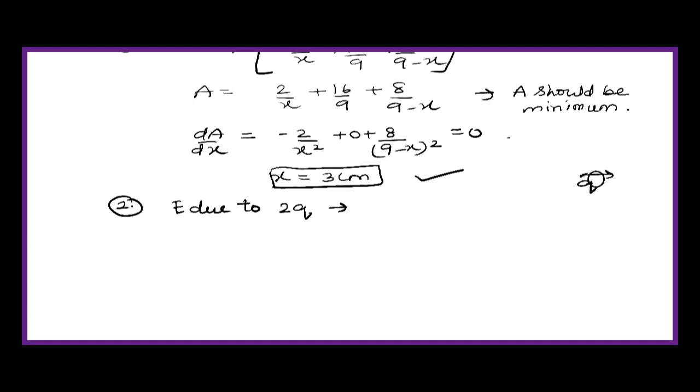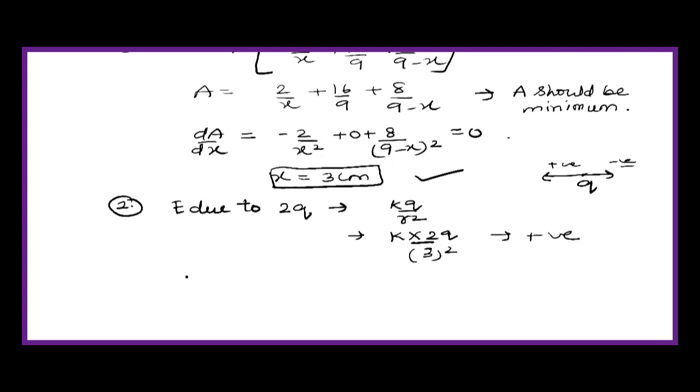One electric field is in this direction, one is positive and one is negative, you can take. So that is kq by r squared, and that is k into 2q divided by 3 whole squared. Take it positive.